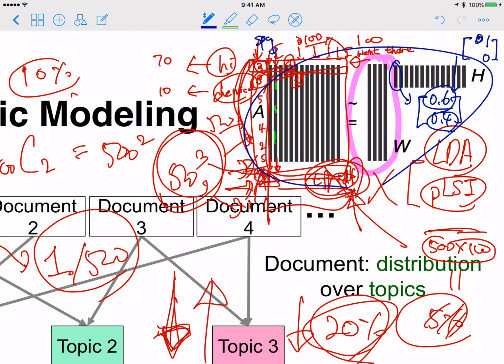Our first document was originally a mixture of the two topics, science and sports. But we actually want to create one topic from the first document as our own topic, because that is some meaningful topic to us.